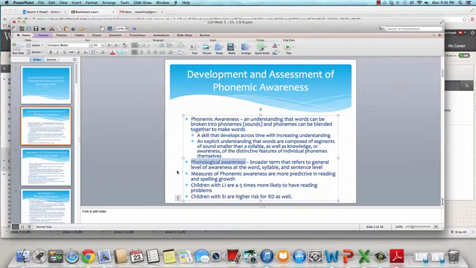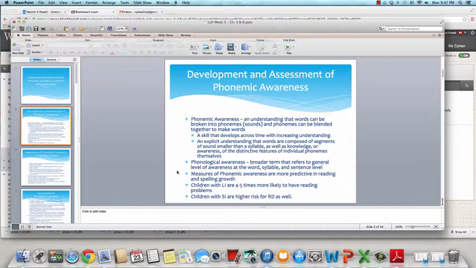There are measures of phonemic awareness, and we know that it's more predictive of reading and spelling growth than any other measure that we can do when children are young. We also know that children with language impairment are 4 to 5 times more likely to have reading problems, and children with speech impairments are at higher risk for reading disabilities as well.